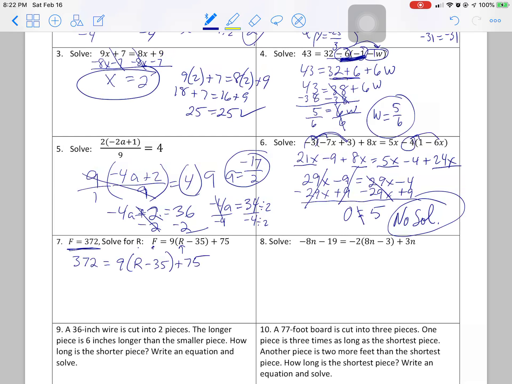Okay? That means I need to eventually get the r by itself. So step 1, I can't add these together. I can distribute. What is 35 times 9 is 315. Okay. Combine like terms.